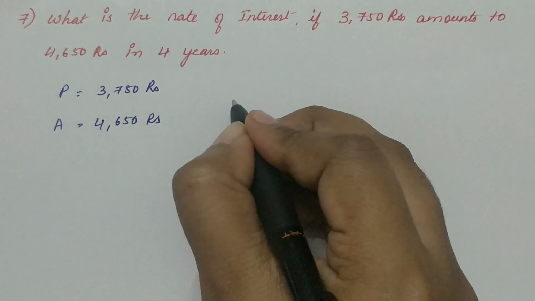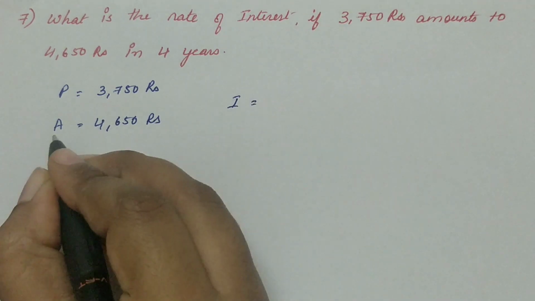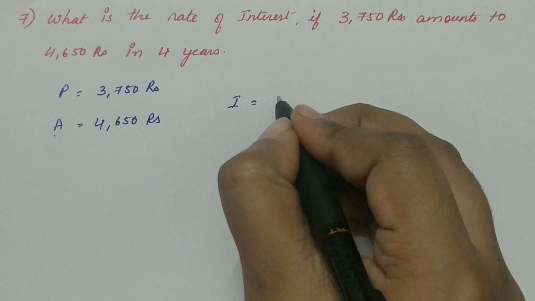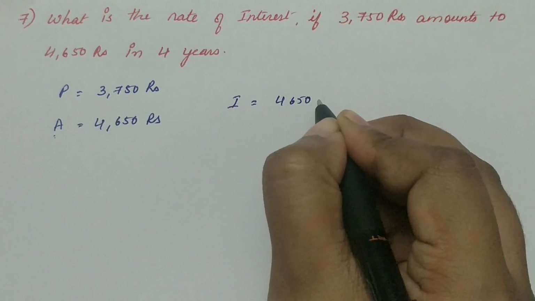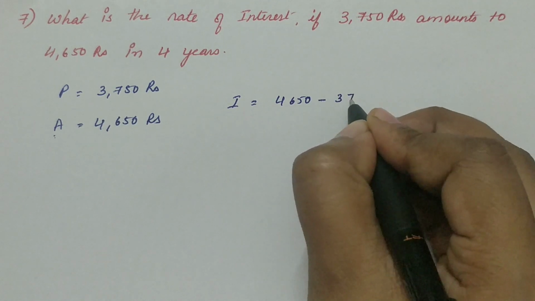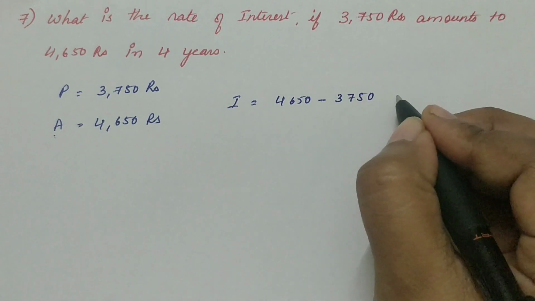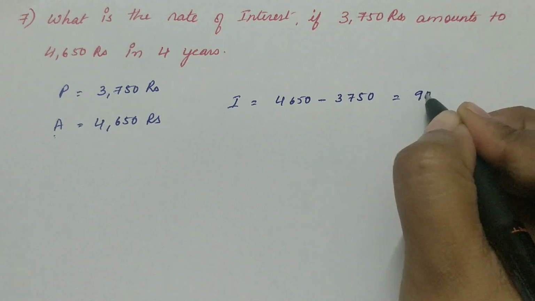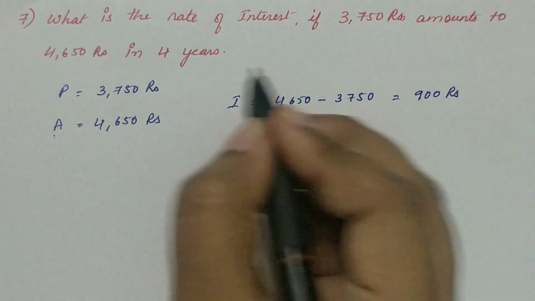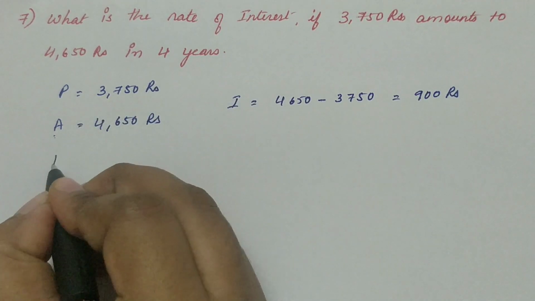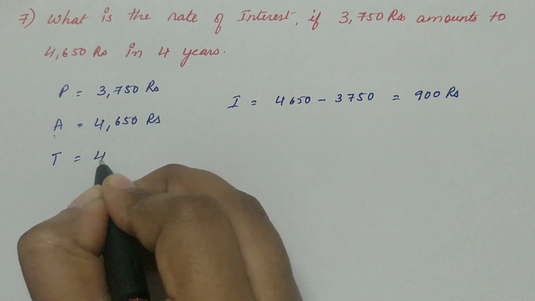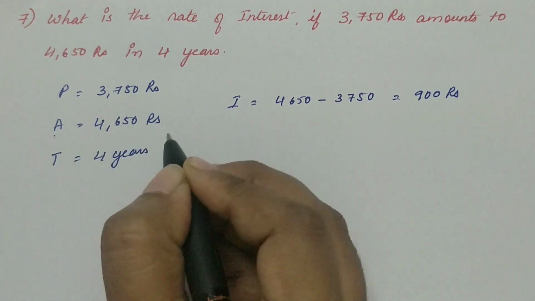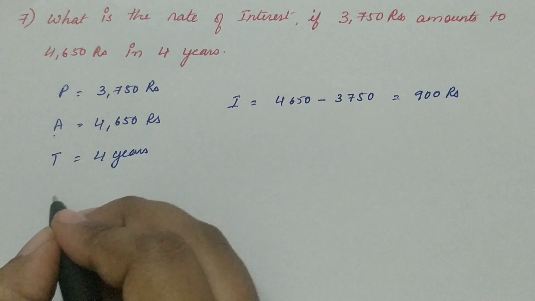From this, interest equal to amount minus principal, 4650 minus 3750 equal to 900 rupees and time equal to 4 years. We need to find rate of interest.